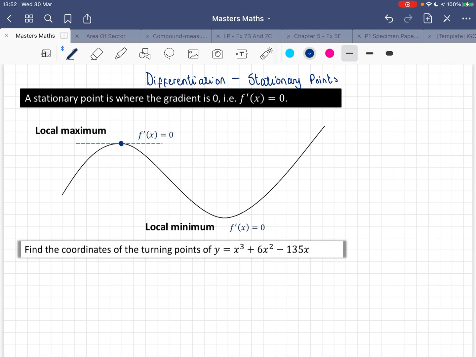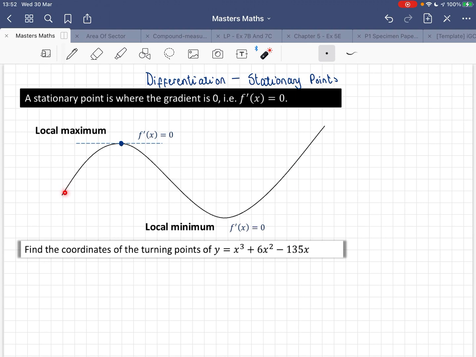It has a local maximum in the middle of the graph, but you're never actually going to get one particular value that is a global maximum because this part of the graph is just going to keep increasing to infinity.